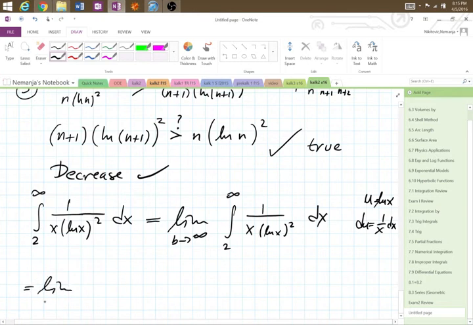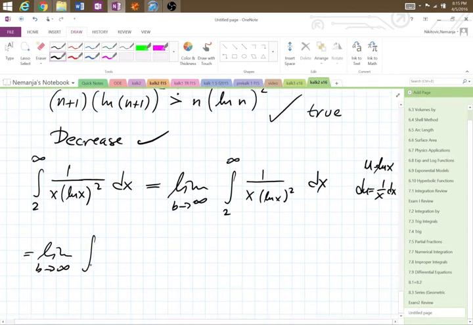So limit as b goes to infinity, and now we do the integral. Now guys, it's still going to be your b on top, but on the bottom, when you plug in the lower limit 2, you get ln 2 as the lower limit, because now we're changing to the u domain, right?